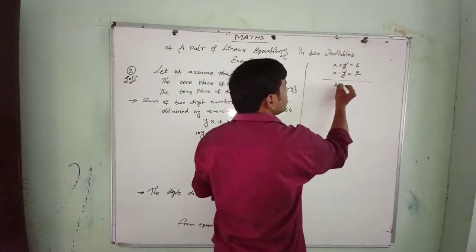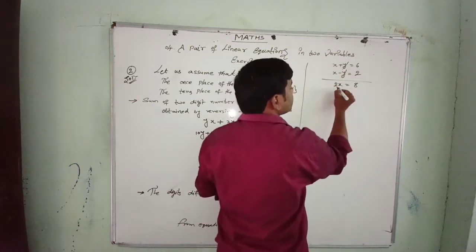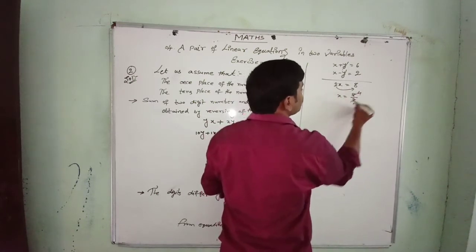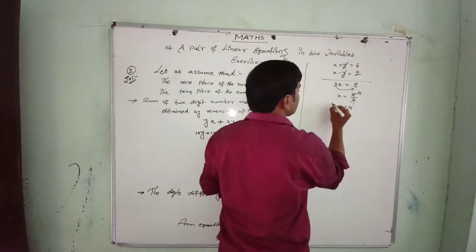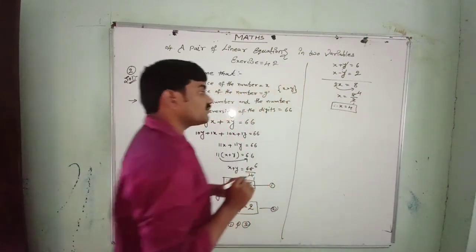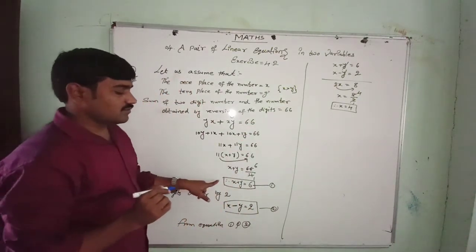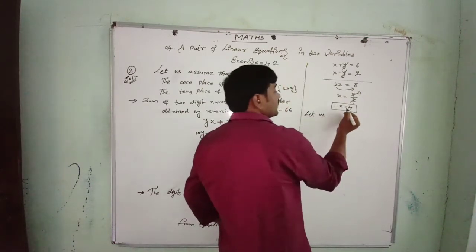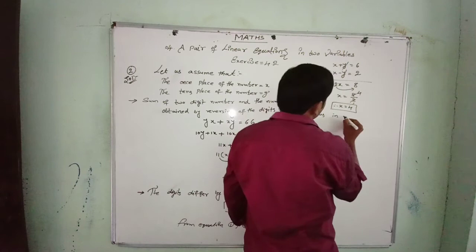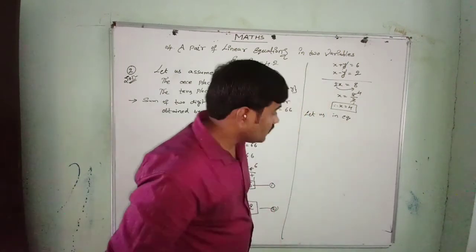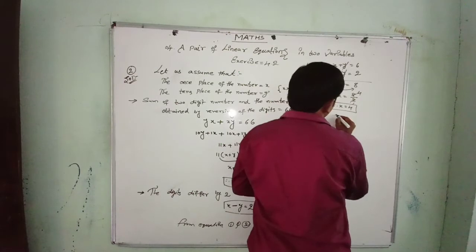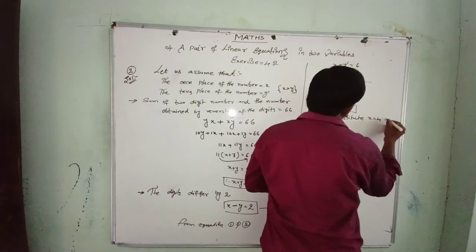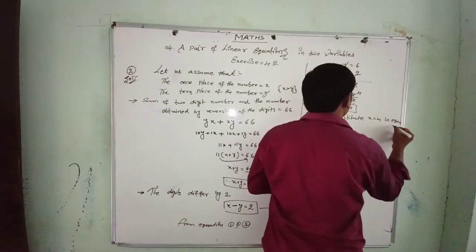1x plus 1x will be 2x. Here it is 8. This 2 you transfer, x equal to 8 by 2. 2 fours are 8. So x equal to 4. Let us substitute x equal to 4 in equation number 1.